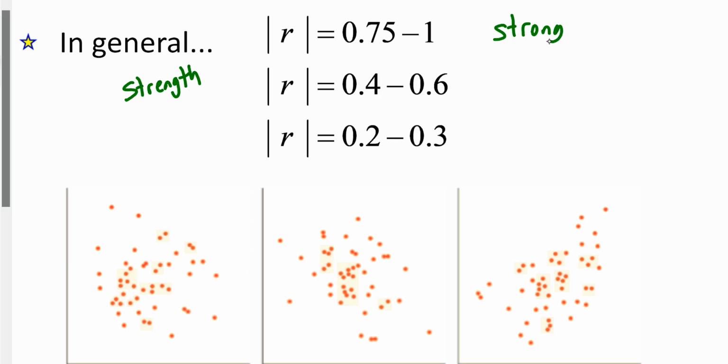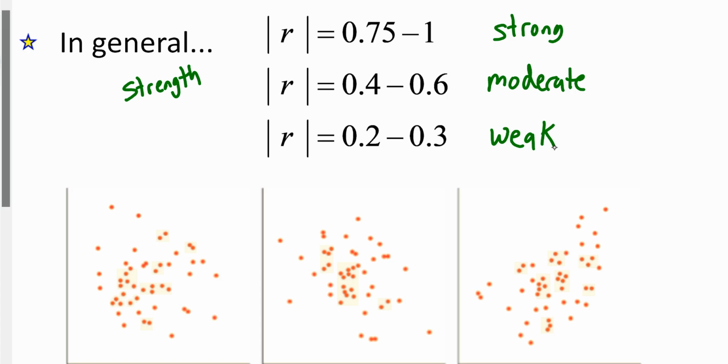Between 0.4 and 0.6 is considered moderate. And between 0.2 and 0.3 is called weak. Now, anything below that is almost nothing or very weak. Anything in between, you could say moderately weak, you could say moderately strong. Okay? So we can do the in-betweens there.